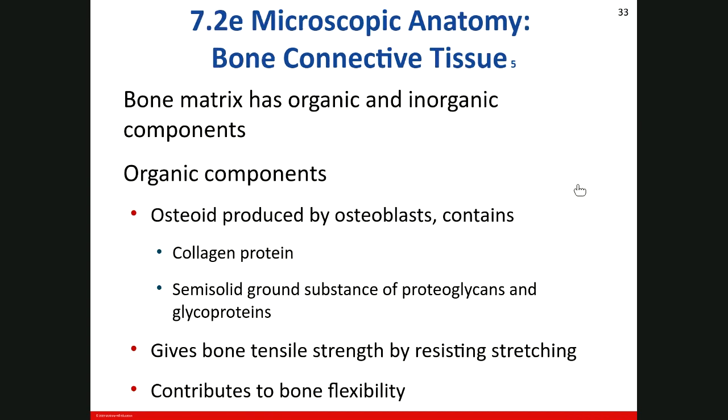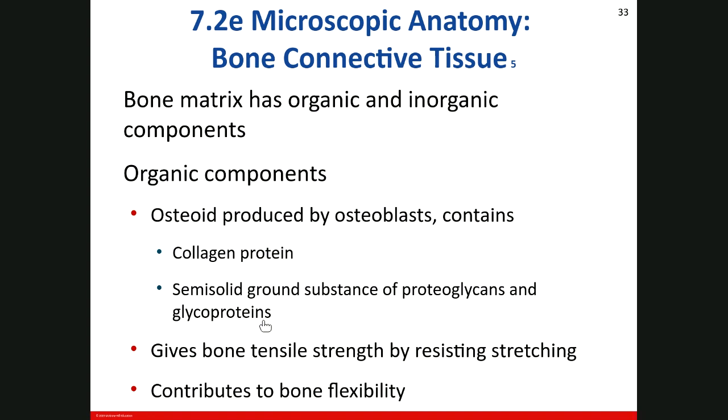In the bone, we have organic and inorganic matrix. The organic component is the osteoid, which is produced by osteoblast. In the osteoid, we have many collagen fibers, and we have semi-solid ground substance, and in the ground substance, we have proteoglycan and glycoprotein. And you need to know the differences between proteoglycan and glycoprotein.